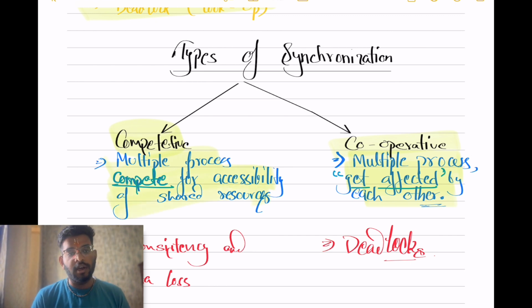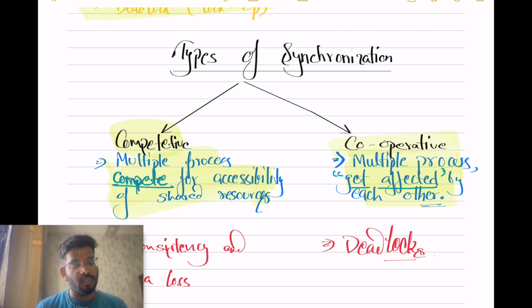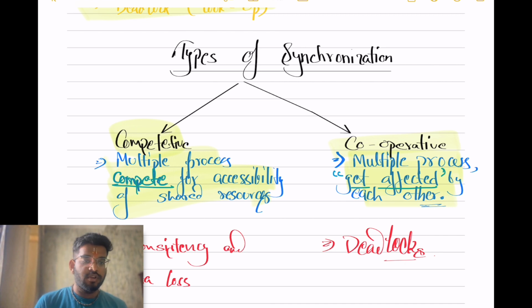If we take an example like the producer consumer problem, in which there is a producer and a consumer, it is basically a cooperative problem. A producer produces food and a consumer consumes the food, and both get affected by each other.